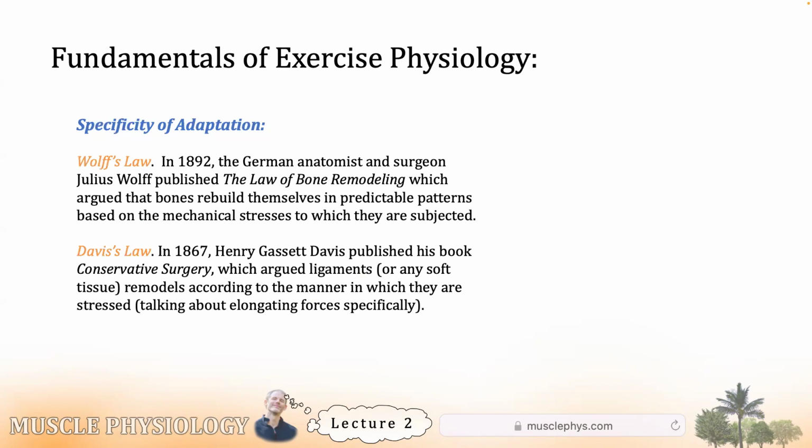So Julius Wolff and Henry Davis, these are the names we're inducting. Each has their own law, but both laws essentially say the same thing. If you apply a stress, the body remodels the stressed tissues according to the specific nature of that stress. For now, that's all you need to know about it. But details on this principle are coming soon.